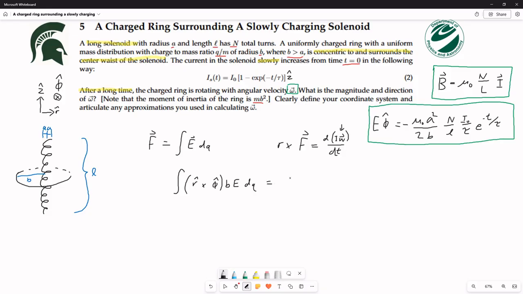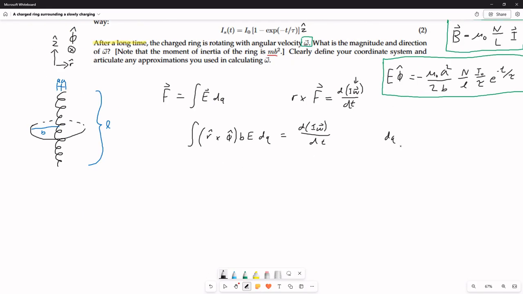And that is going to be equal to the derivative of the moment of inertia times rotational frequency with respect to time, where dq is going to be equal to q over 2 pi b, which is the radius of the ring, and then we also have b d phi. Since this is an angular integral, these b's are going to cancel.